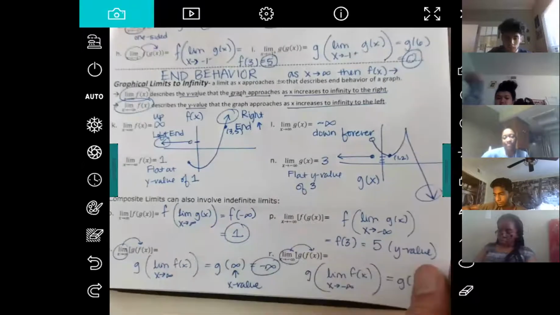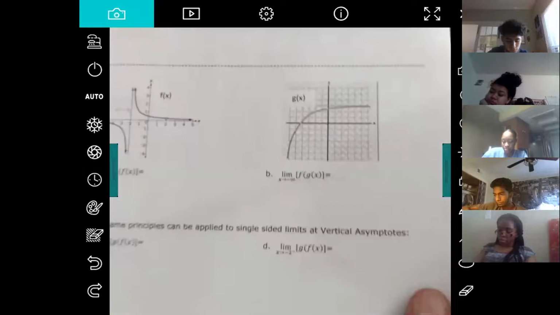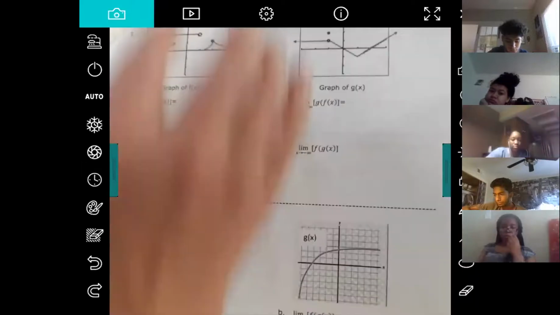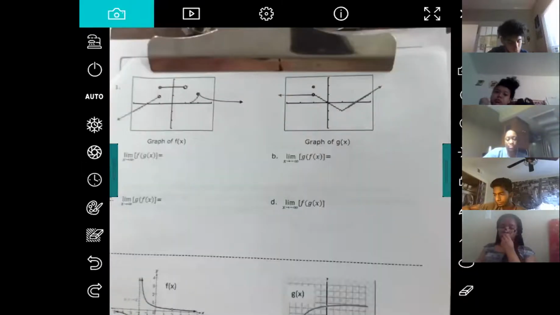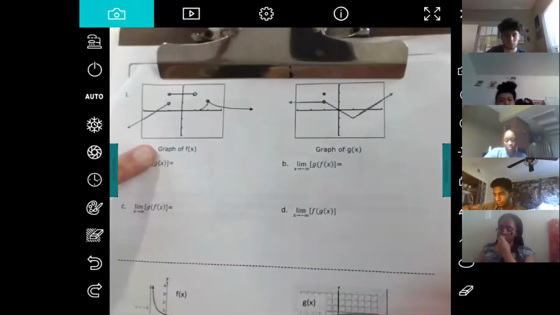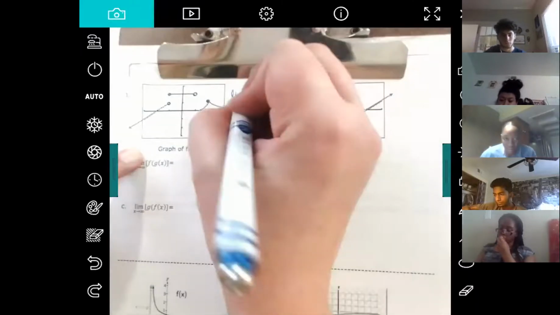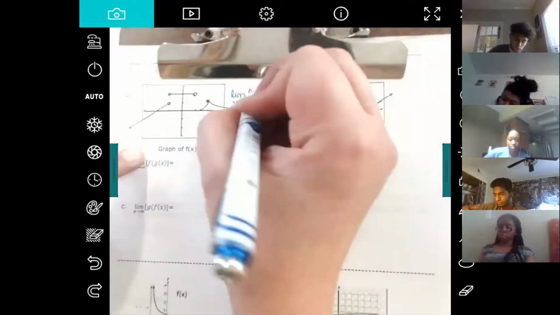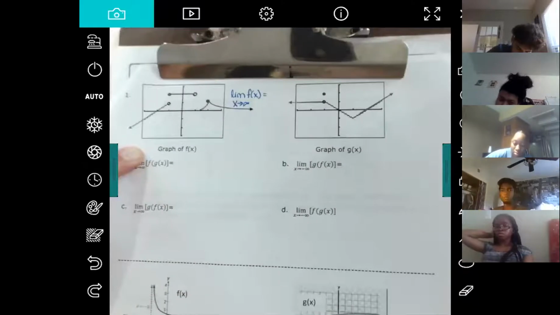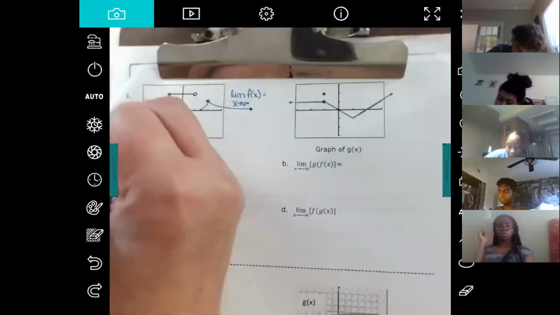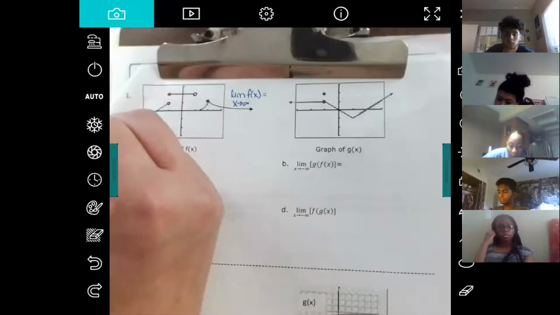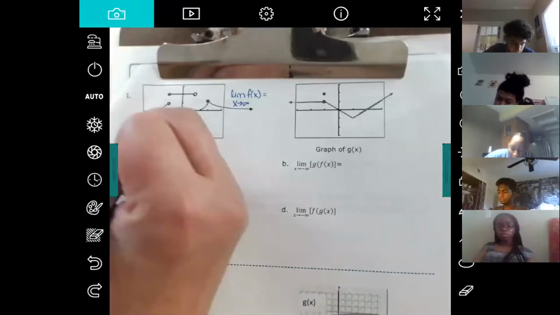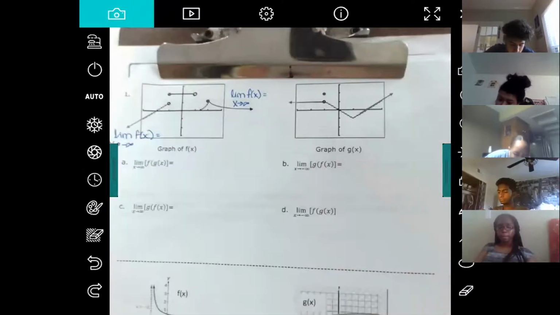Okay, next question. All right, so before you do these compositions, I want you to just do the regular limits. So to the side, I'm going to write 2 limits here. This side is the limit as x approaches infinity of f of x. And then on this side, I want you to do the limit as x approaches negative infinity of f of x. Now, important distinction here. This is something my pre-cal kids always get confused on.